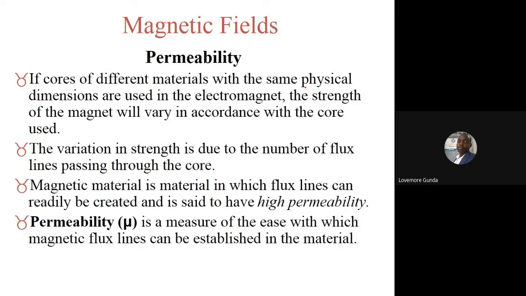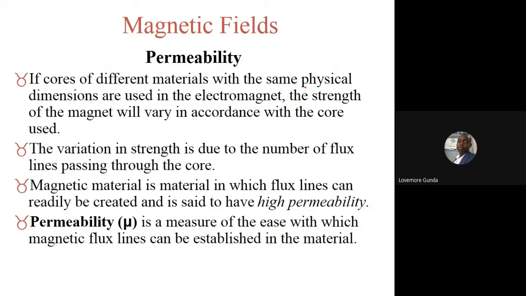Why? Because the materials have different permeabilities. If a material has high permeability, it easily allows the establishment of flux through it. If it has low permeability, it has some resistance to the establishment of the flux.